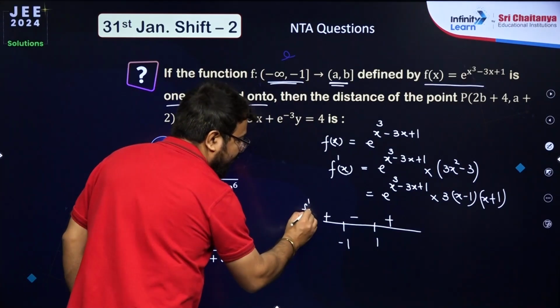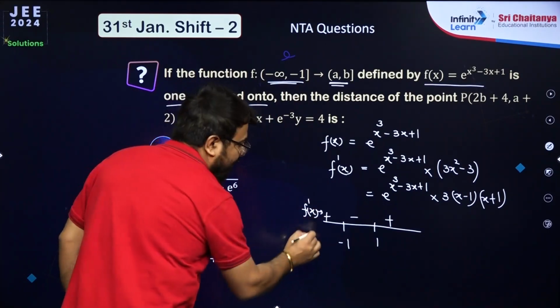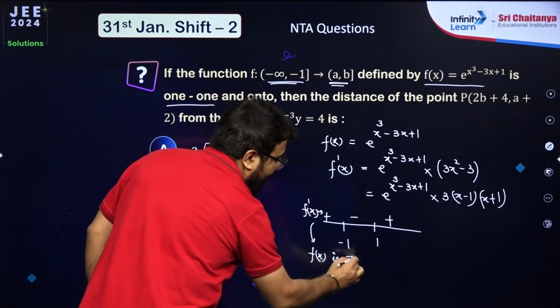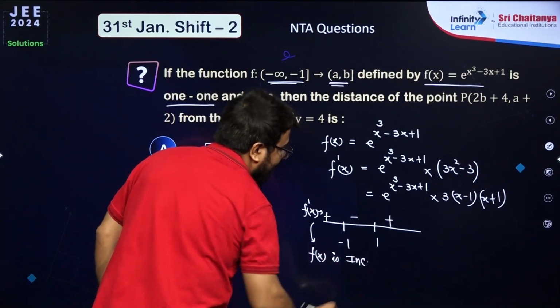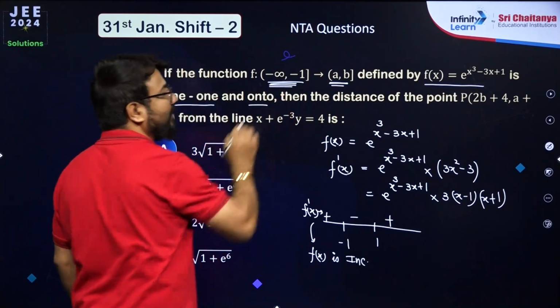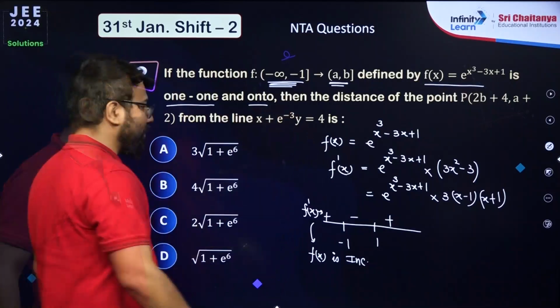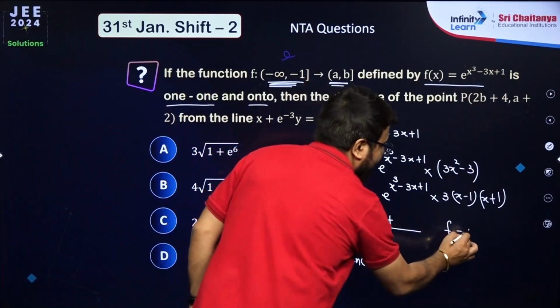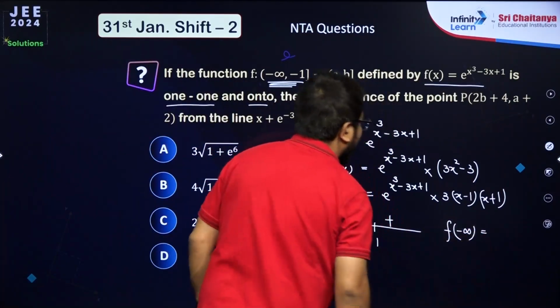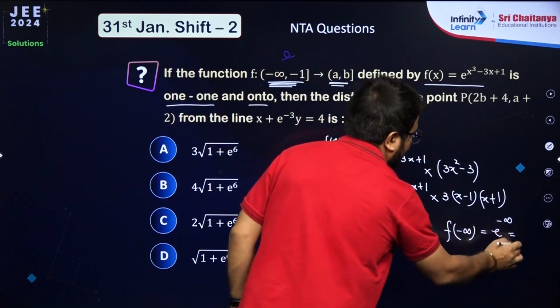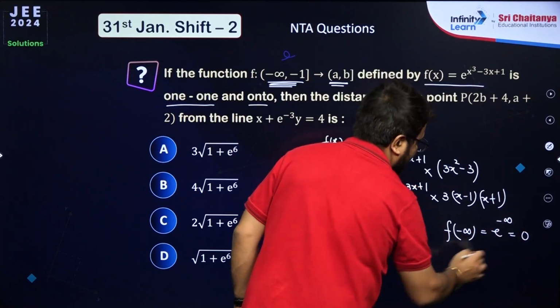F dash positive means the function f(x) is increasing in this interval. Why am I talking about this interval? Because they have given the value of x between minus infinity to minus 1. So for this interval, the function is increasing. So let us find the value of f of minus infinity. If I place minus infinity over here, that will become e raised to the power minus infinity, and that becomes 1 upon infinity, that is 0.